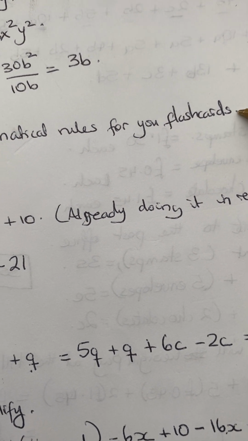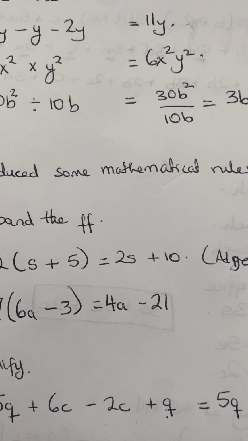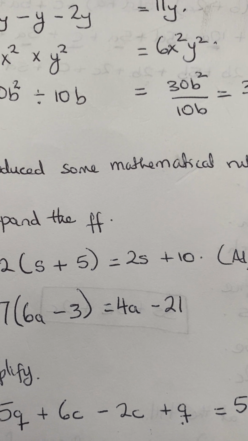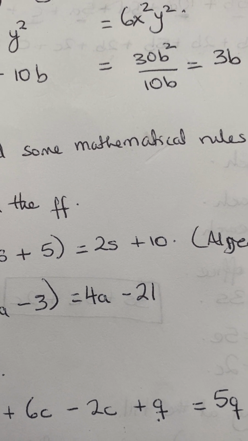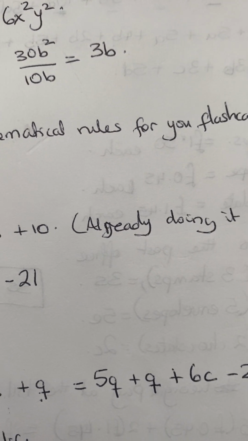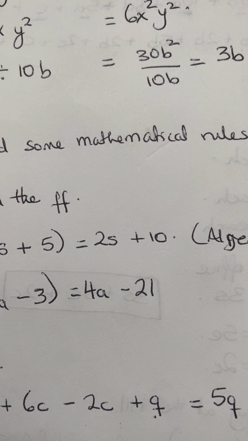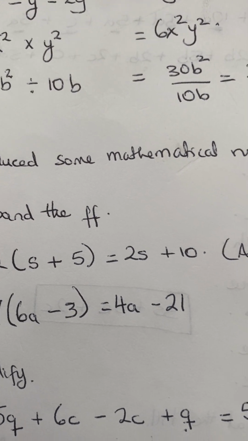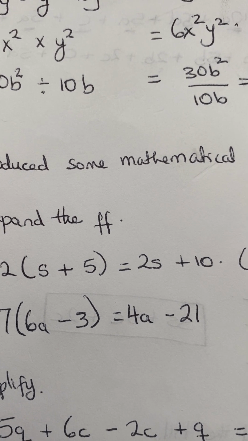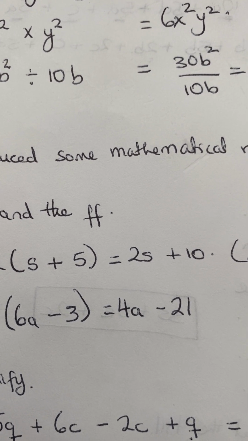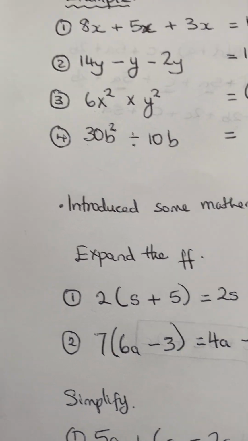I hope you've had time to do that. I showed you the use of a flashcard or an A4 paper, so you can add those rules. And I said the first 5 we might need, but the last 3 we might use, and when we are using it, I'll let you know.